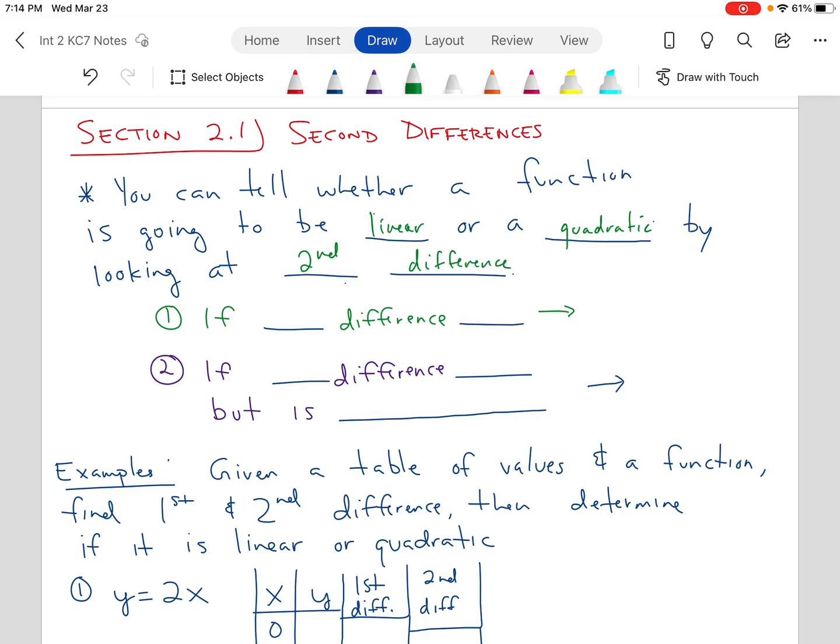Okay, if the second difference is equal to 0, that means that you have a linear function.